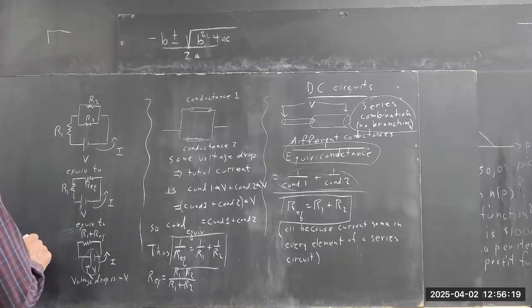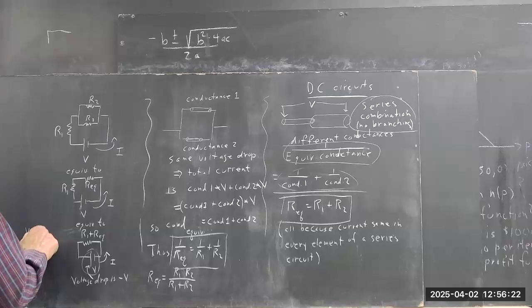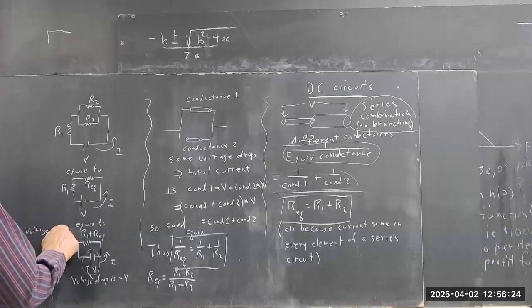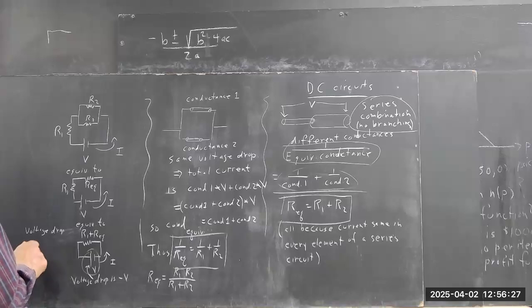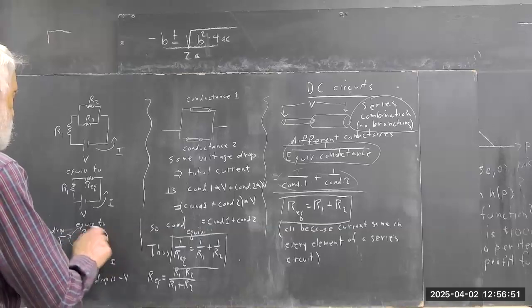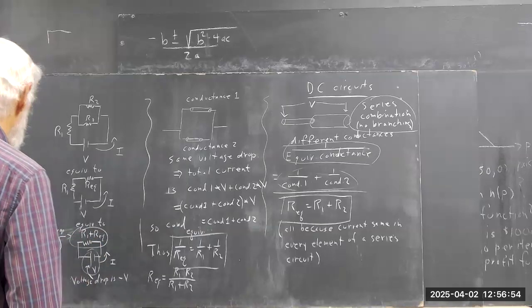The voltage drop here is I times R1 plus R equivalent. The voltage drop is in the direction of the electric field because the electric field is opposite to the gradient. That's what it comes down to. There it is.